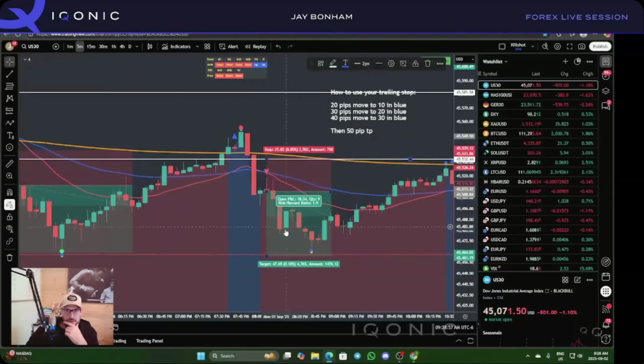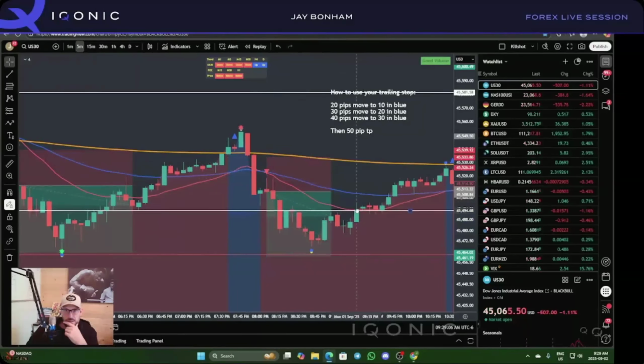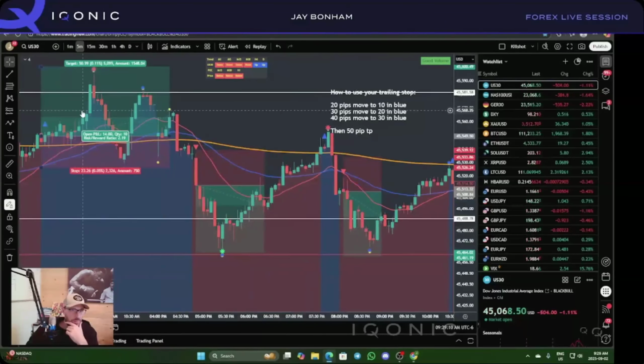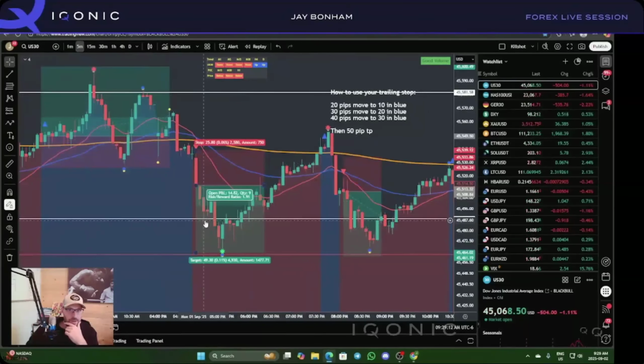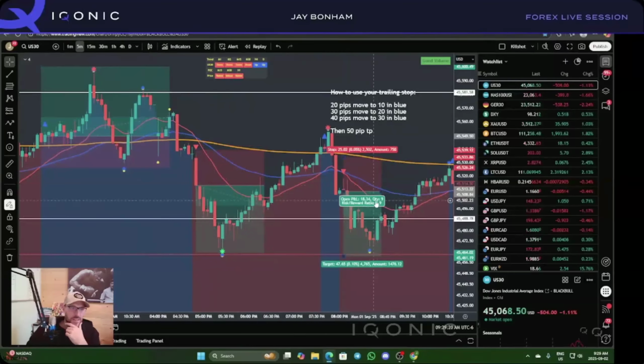Stop, right? So it's essentially got 30 there. So our stop loss would have been blue. So we would have got 30 here, right? We would have got 20 here, 30 here, 20 here, 50 plus another 20 at 70 pips.